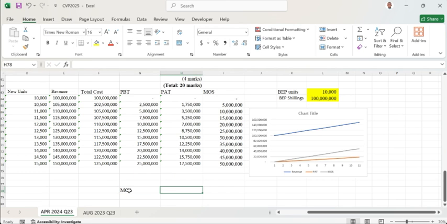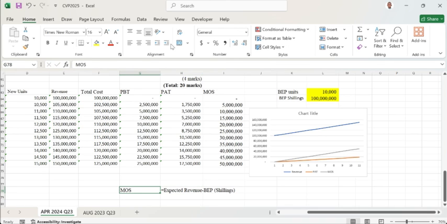Is that okay? So we said it is simple. We come here, we highlight this, we hold, we come and select these two, we drop. We go to insert, recommended.